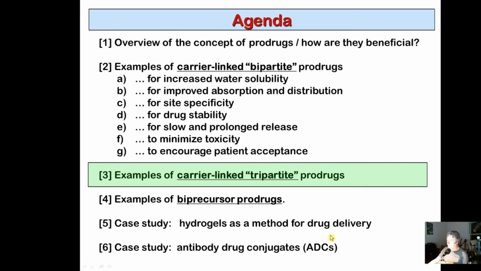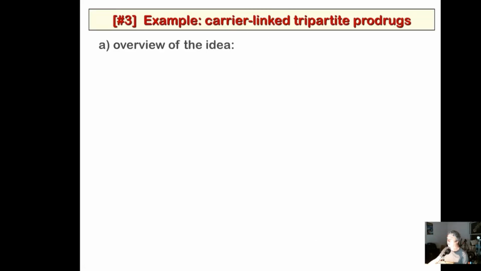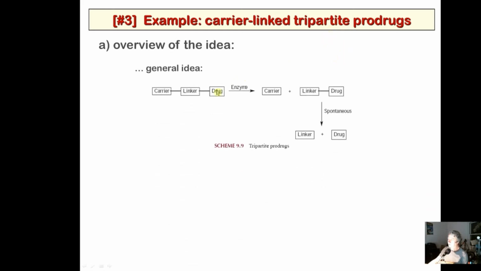Okay, so let's show carrier-linked tripartite prodrugs. So what do we say about tripartite prodrugs? They kind of have three pieces. They have the drug part, a linker, and then a carrier part.